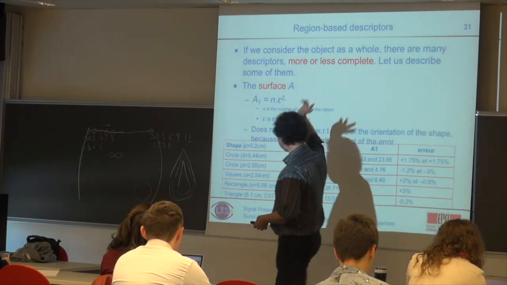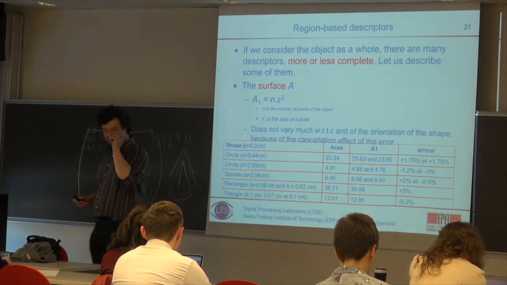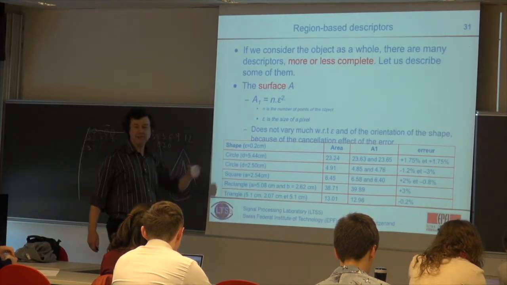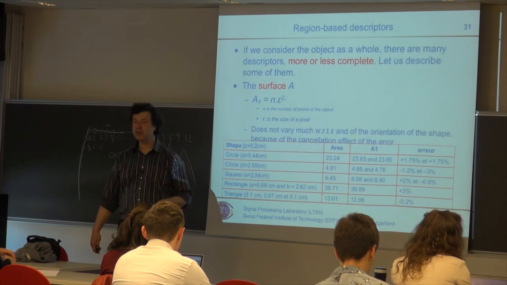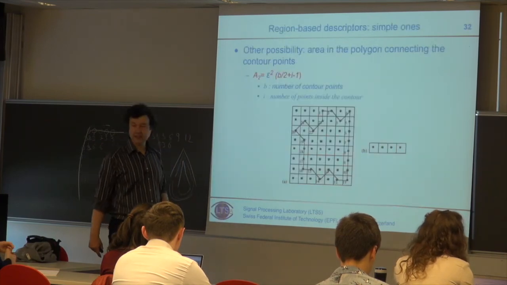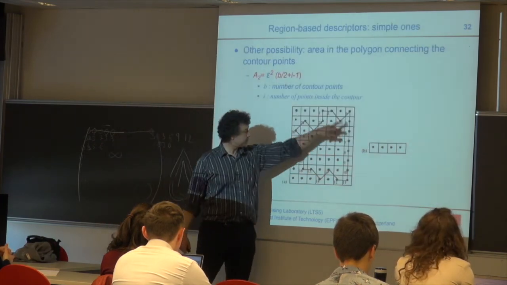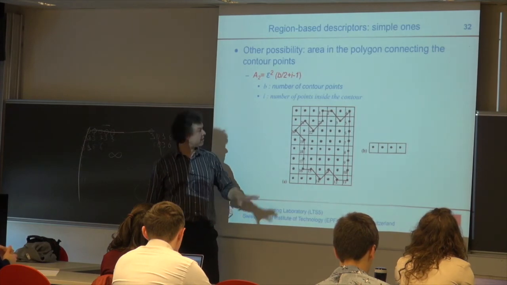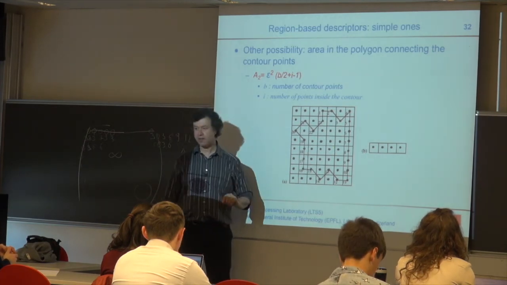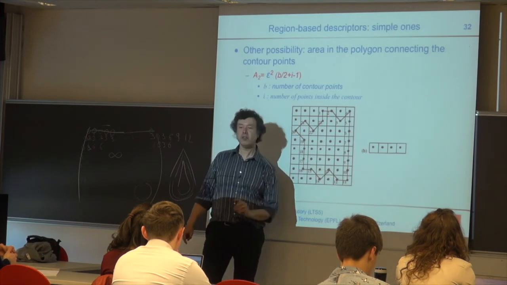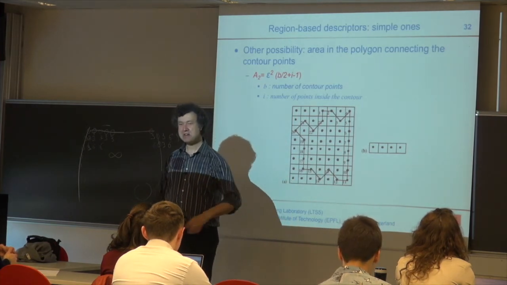You will say, why do I take 5 minutes to tell you what an area is? You'll see. There is another way to calculate the area, which is this one. For this object, I could also say the area is actually the number of points inside plus 50% of the number of points on the boundary. Why not?